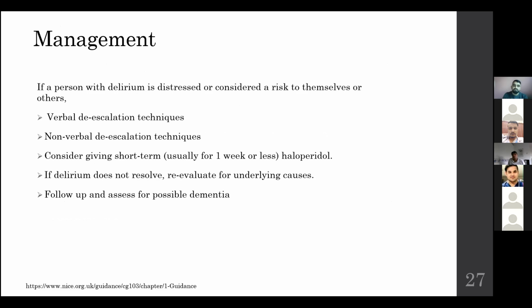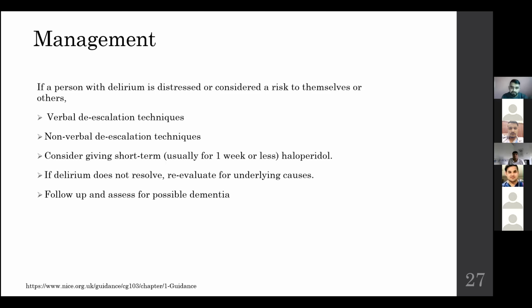And for management of the delirium itself, there are several techniques recommended by the NICE guideline. Verbal de-escalation technique means using calm language along with other communication techniques to defuse, redirect, and de-escalate a conflicting situation.